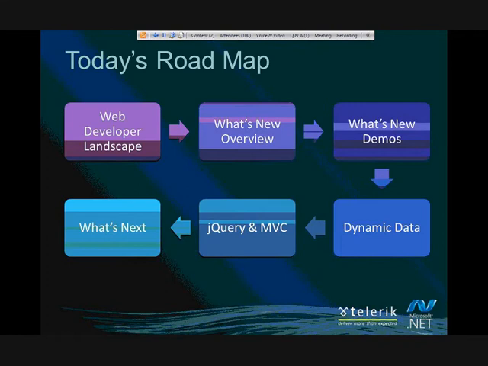I'll then move on to a high-level overview of what's new so that we can progress into looking at at least 7 to 8 demos of some of the newer major features in ASP.NET 4. Among those demos will be some new APIs and new controls. We'll try to make sure we take a look at how Dynamic Data has been improved and made more usable for web forms developers. And then if we have time and interest, we'll touch lightly on jQuery and MVC, though the focus of today's presentation will primarily be on the web forms features of ASP.NET 4.